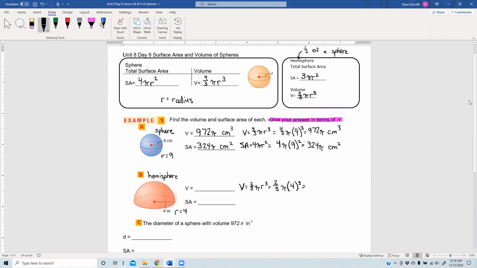Now, when you do this, you're going to get a fraction back. Since we're dealing with thirds here, just leave it as a fraction. So I'm going to leave this as 128/3 pi meters cubed.